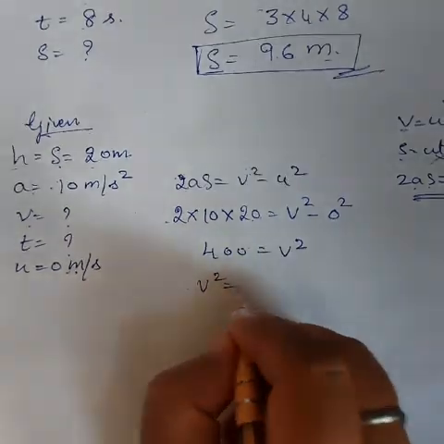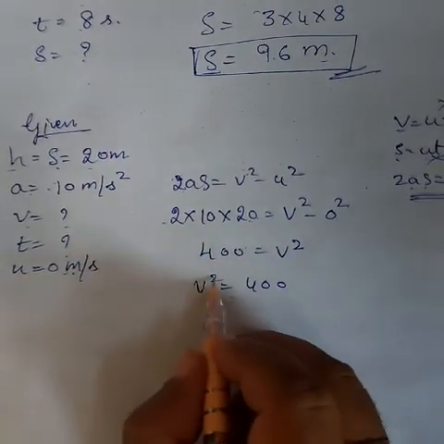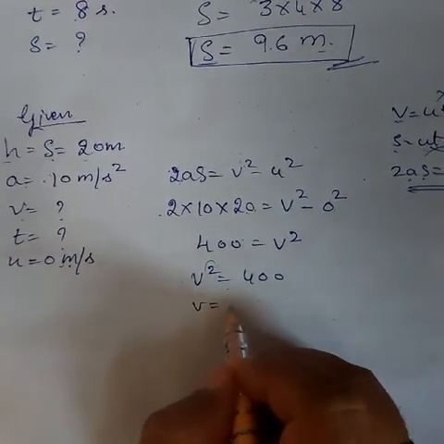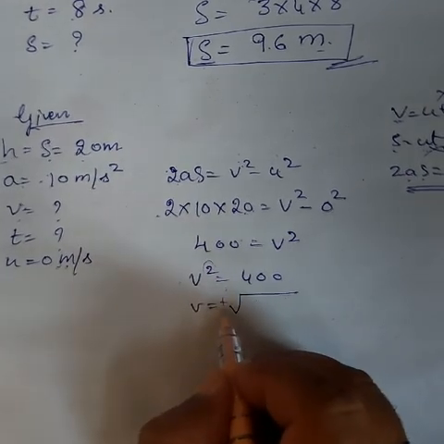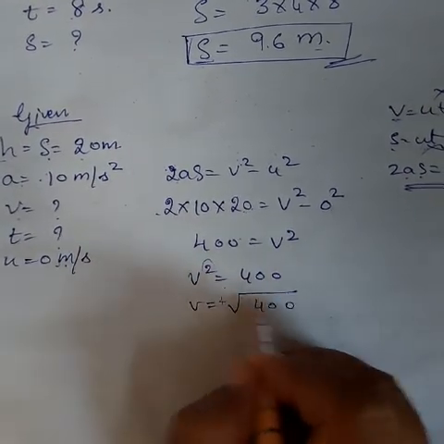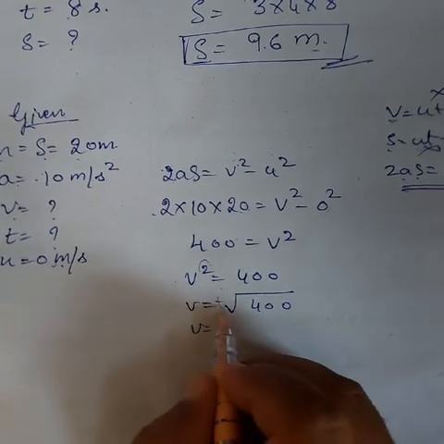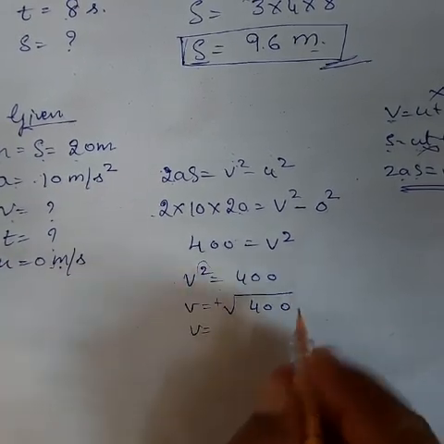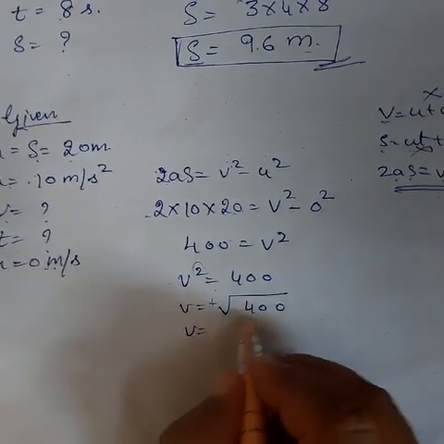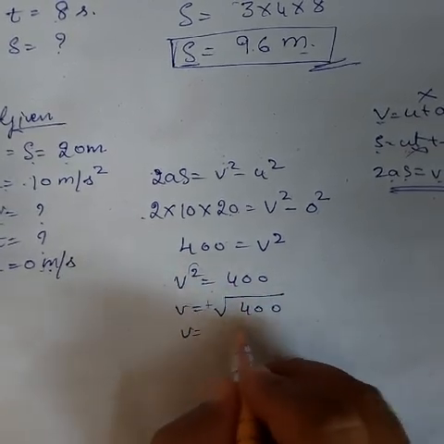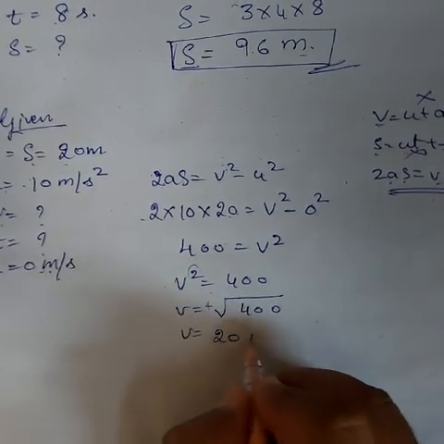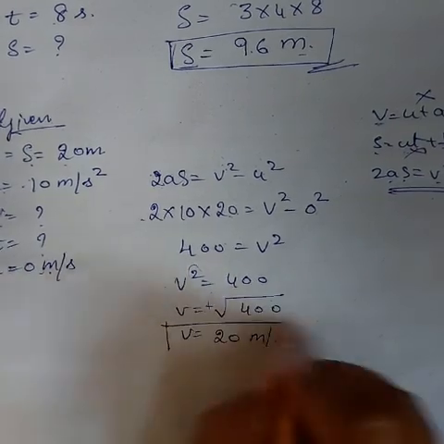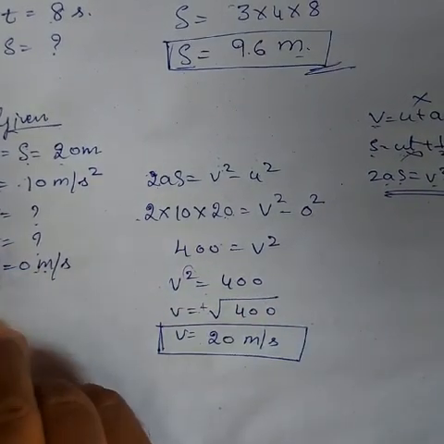To remove the square we take the root, plus or minus root 400. We always take velocity as positive. The root of 400 is 20 meter per second. This is the answer for velocity.